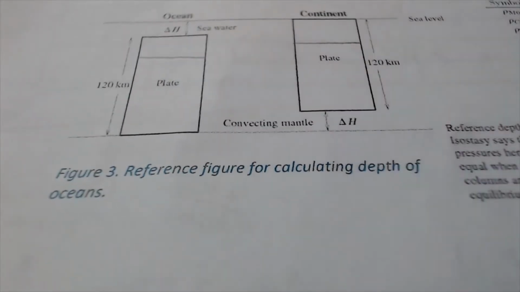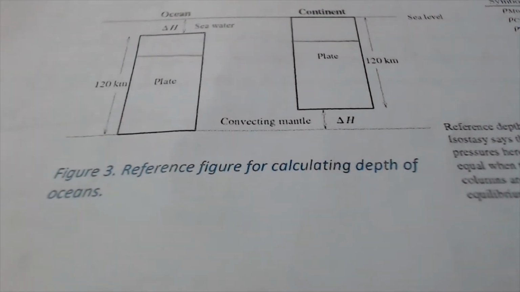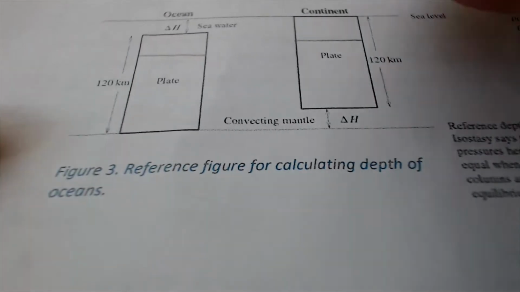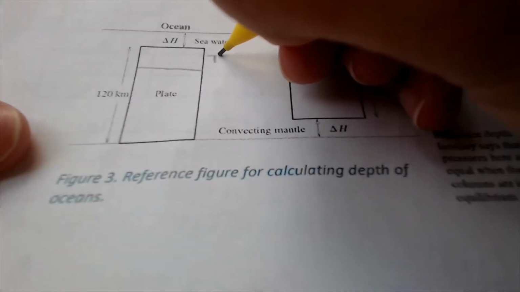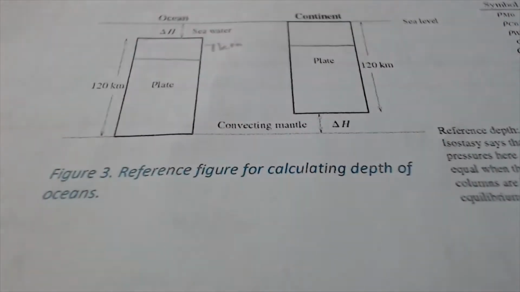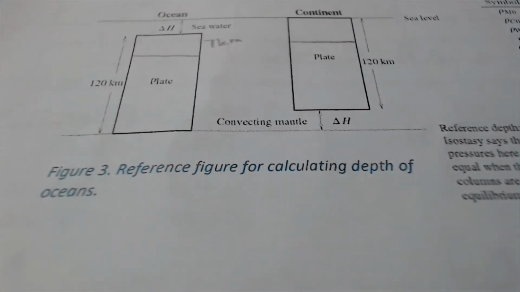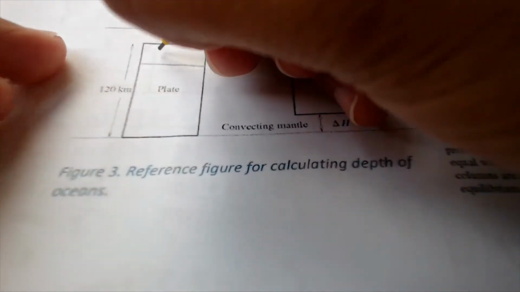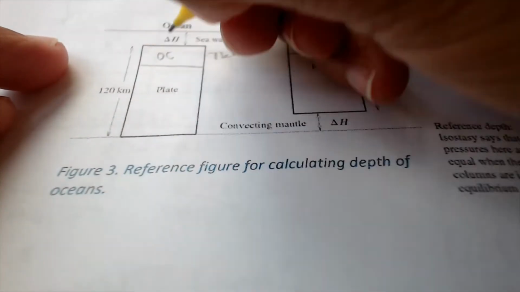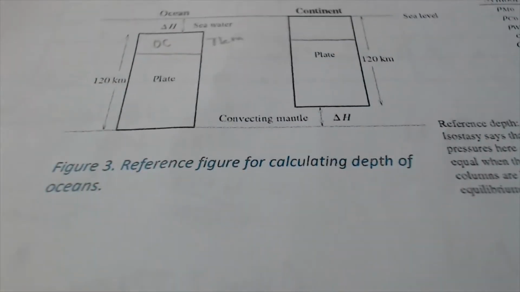So right over here, I have my oceanic crust, which is 7 kilometers in thickness, which is on your table to the right of this diagram. And I will label it with OC for oceanic crust.